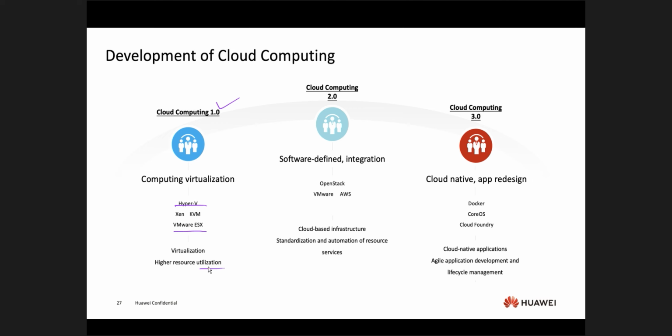Meaning it takes your CPU, it takes your RAM, it takes your hard disk, and it virtualizes that so that you can have more resources available for the users. And then you have cloud computing model 2.0. This is now where we have SDN, or software defined, involved, right? And so here we have the likes of OpenStack. You have VMware, and you can see it's not the ESX, it's not the server platform, the hypervisor, and you have AWS, right? These are the software defined integration models. These are 2.0.